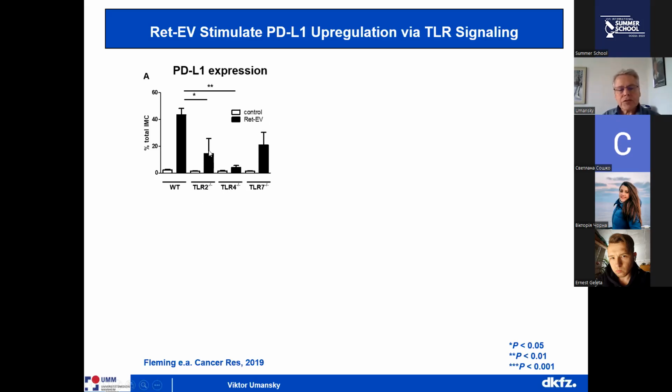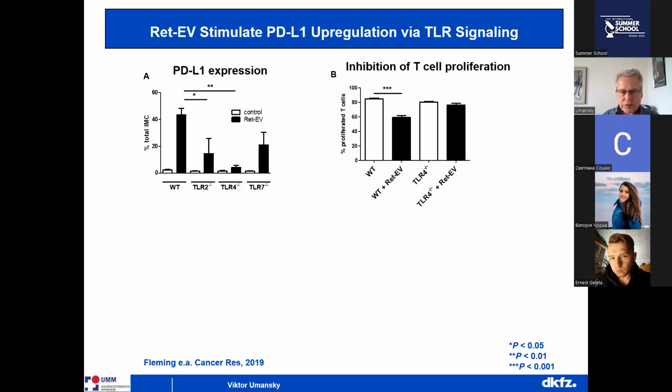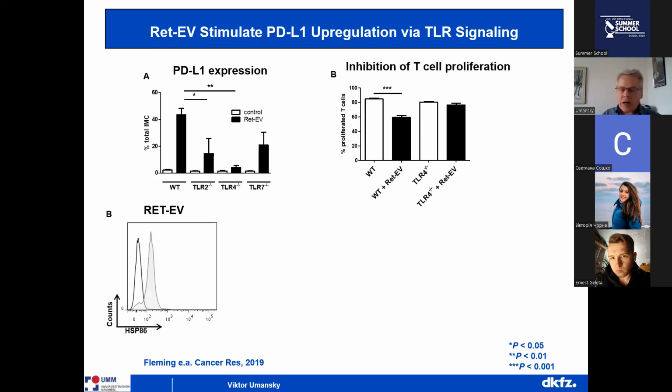Toll-like receptor 2 and 7 had a less important effect. Moreover, it's not only PD-L1, but also the inhibition of T-cell proliferation was not possible in case myeloid cells were derived from toll-like receptor knockout mice.